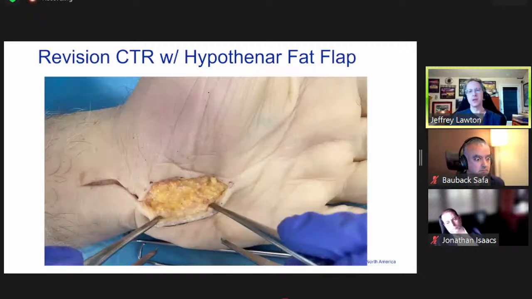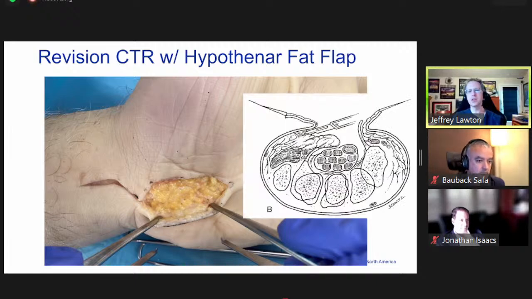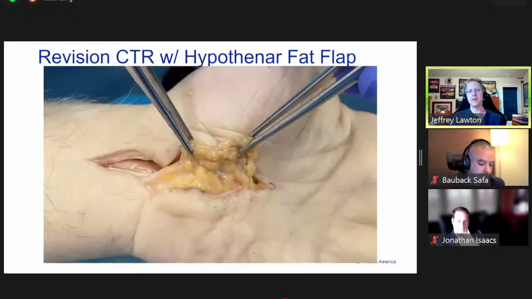And then you're going towards the hypothenar eminence and basically raising a full thickness skin graft over the hypothenar aspect to leave that pedicled hypothenar fat flap, as you see here. So you're in this plane superficial to that flap. And then you go deep to it, as I'll show you in a minute, and mobilize it.